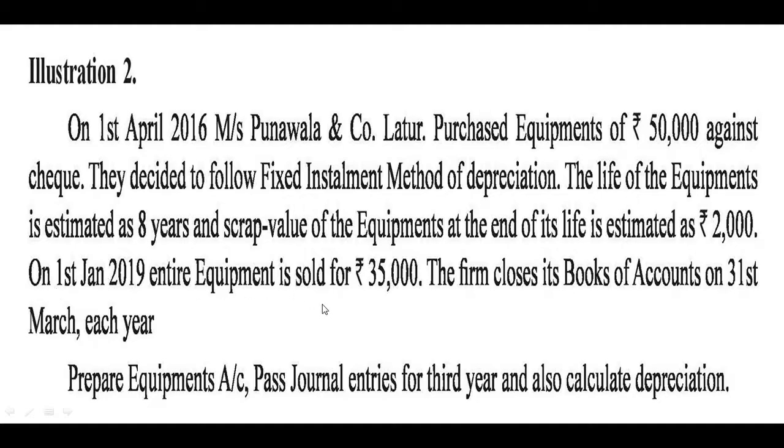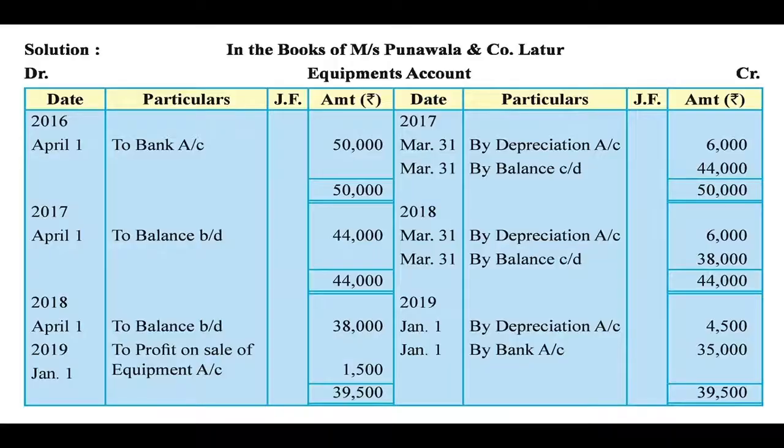It means the equipment is used in the third accounting year from 1st April till 31st December, because it is sold on 1st January. We have to count the months from April till December. If you count, those are the 9 months. So we have to take the depreciation only for the 9 months.